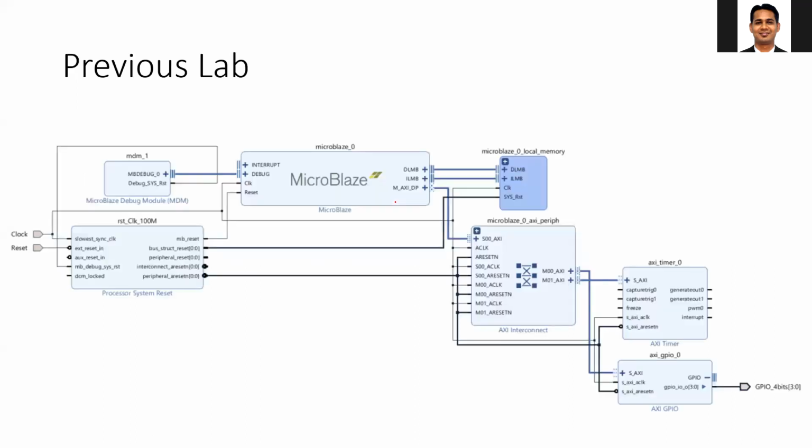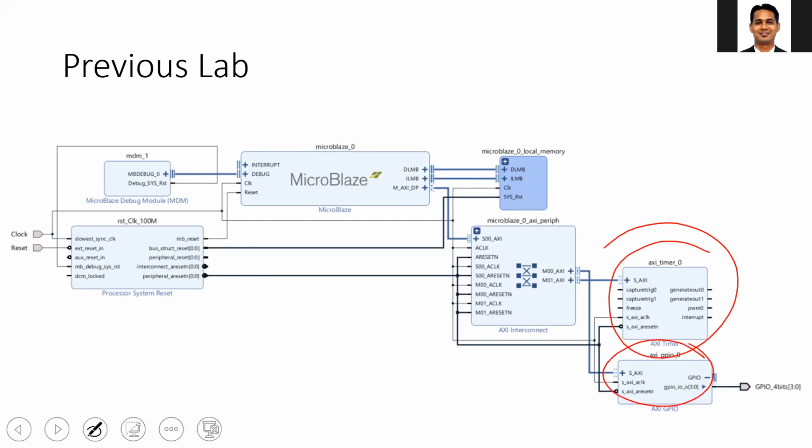So in the previous lab, we used the AXI timer, and we used the GPIO, and we used the up counter, down counter, and we displayed some values on the GPIO. In today's lab, we want to use the interrupt. To process the interrupt, you need a GIC. In the case of the Cortex A9, the GIC is a part of the processor, as we have seen in the architecture.